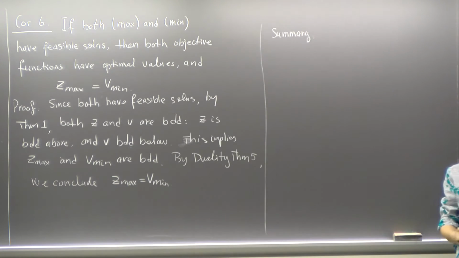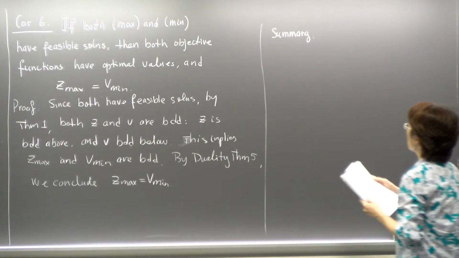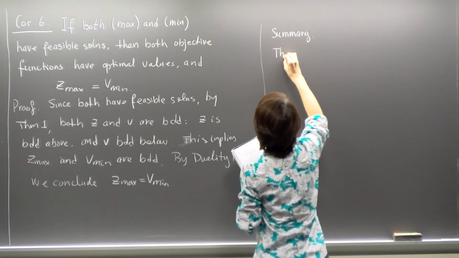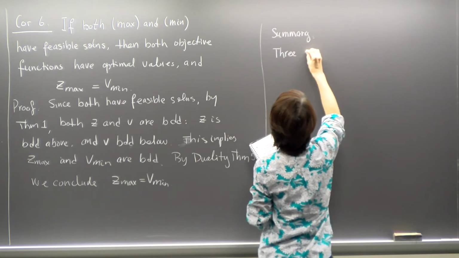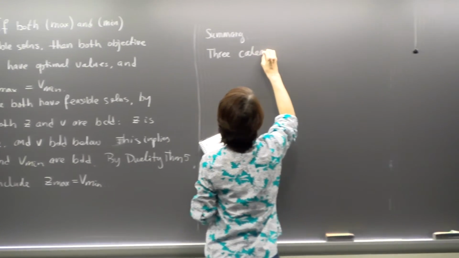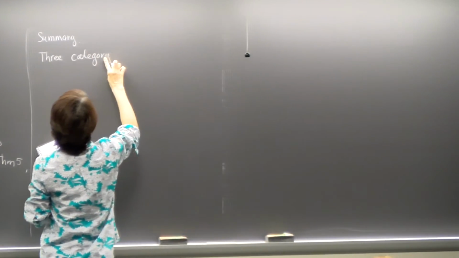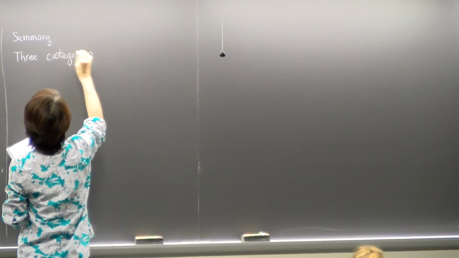Okay, so let's do a little summary and just summarize 3 different cases that can occur in the problem and its dual and the solution of it. So let me write. The book says 4, but actually 2 of them are the same. So 3 categories of solutions.